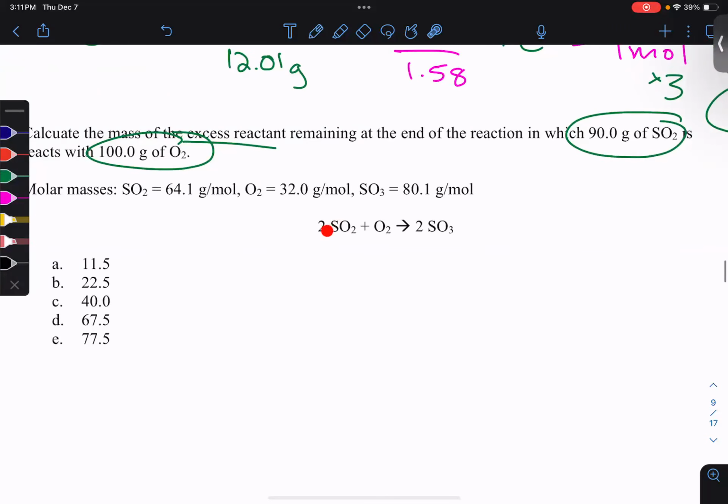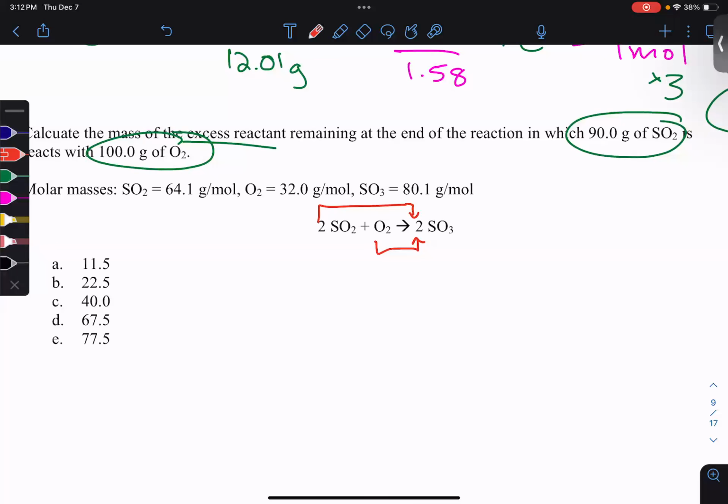I give you amounts of the 2 reactants, and I need to figure out which one runs out first. One of them has to run out first. I can't look at these numbers and predict which one runs out first, so I just have to test both of them. So my strategy here is to convert these gram amounts into mole amounts and do stoichiometry twice.